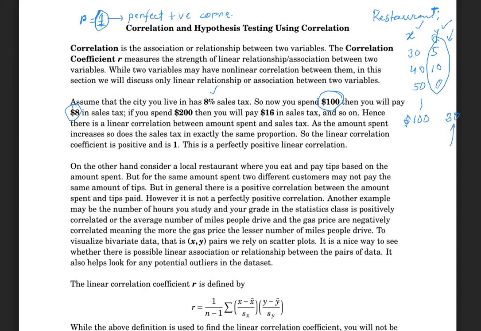The Y, the second variable, is not as strongly correlated with the first variable, the way taxes are correlated with the amount you spend. So that's another example. This should give you different levels, or strength levels, of correlation.